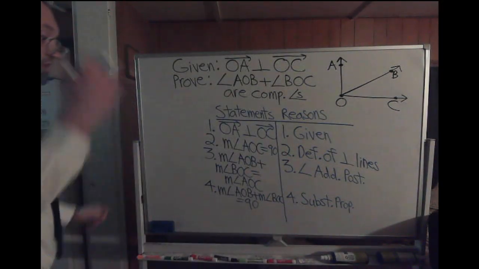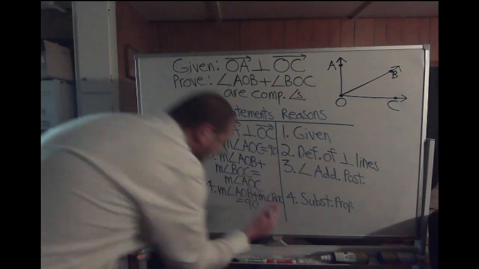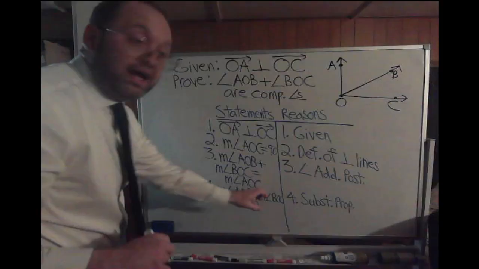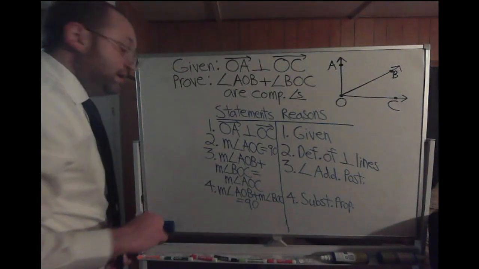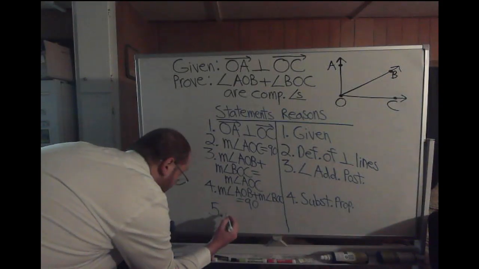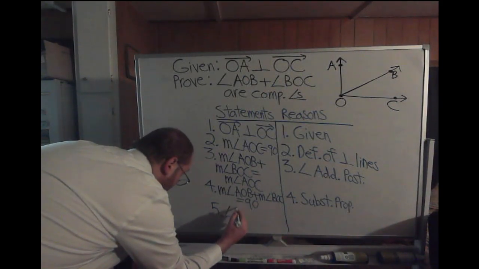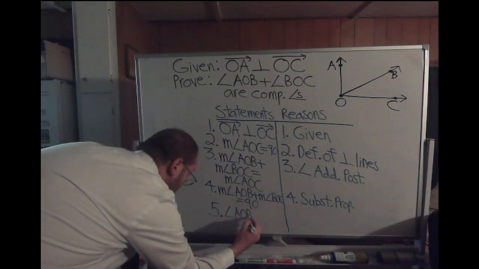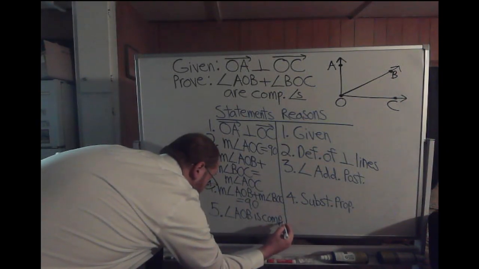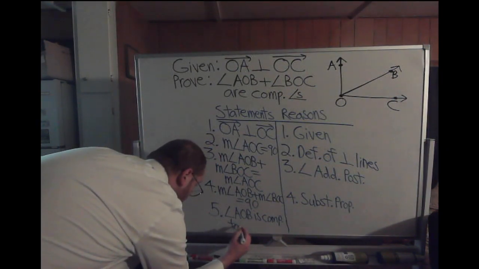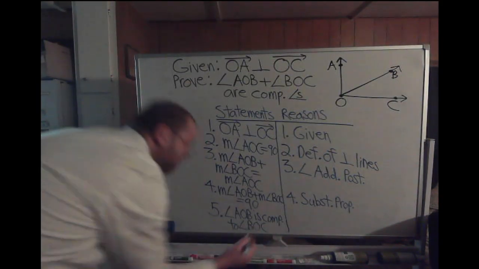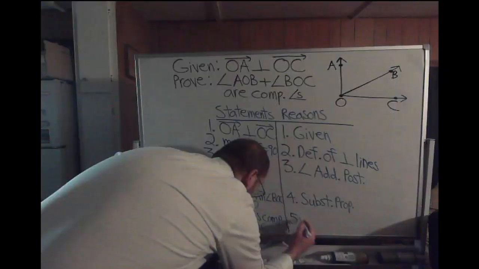Alright, so now that we've gone from there, there is one final statement. If these two angles add up to 90 degrees, then that means they're complementary angles. So we can now say that angle AOB is complementary to angle BOC simply by the definition of complementary angles.